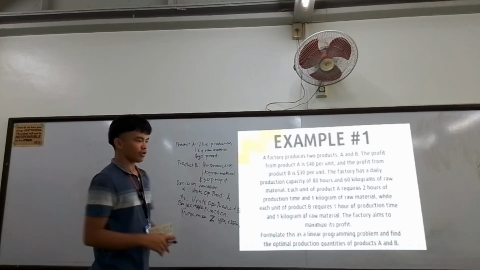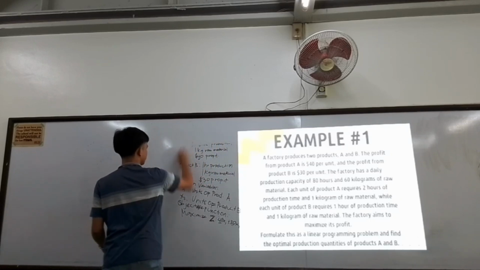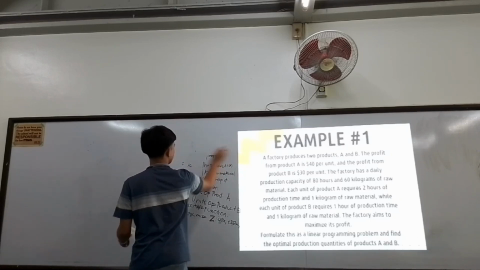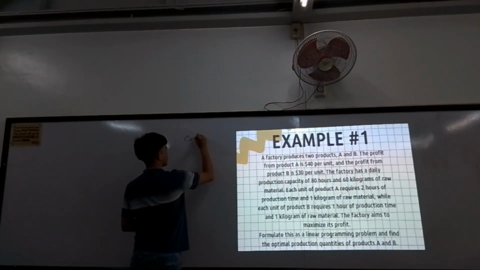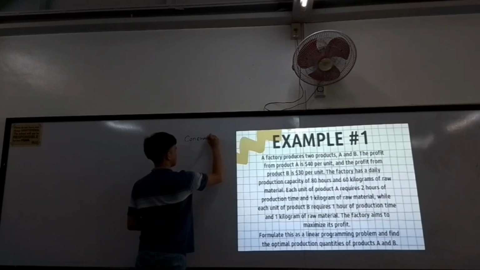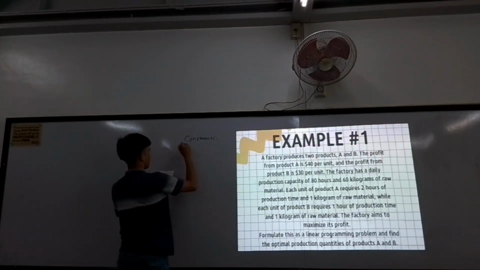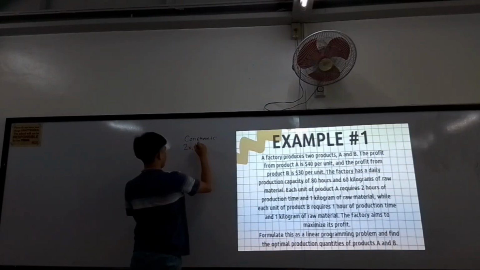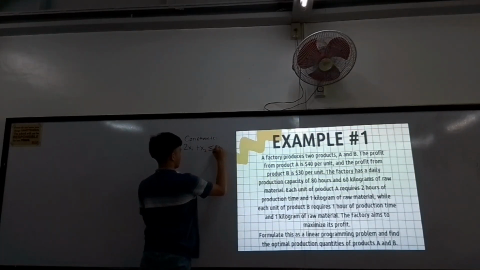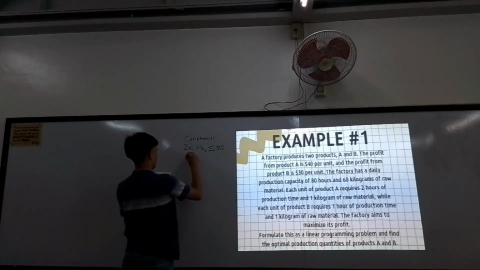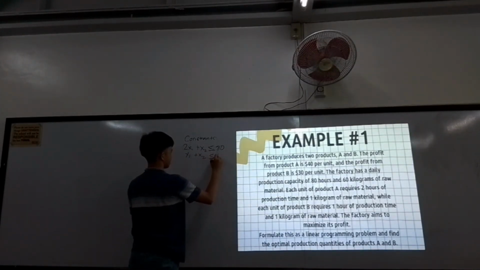For constraints, we have 2x sub 1 plus x sub 2 less than or equal to 80, and x sub 1 plus x sub 2 less than or equal to 60.